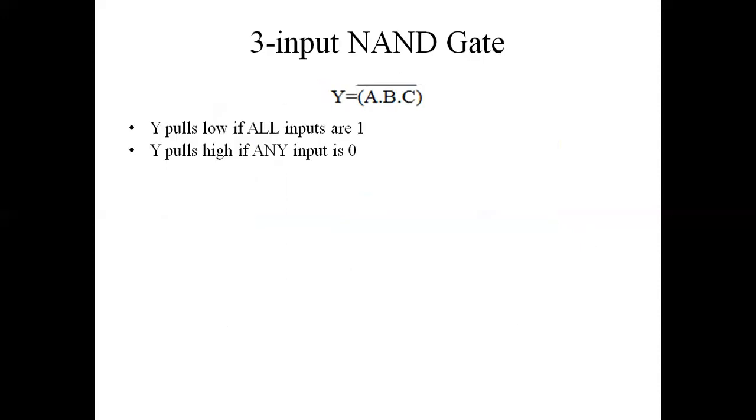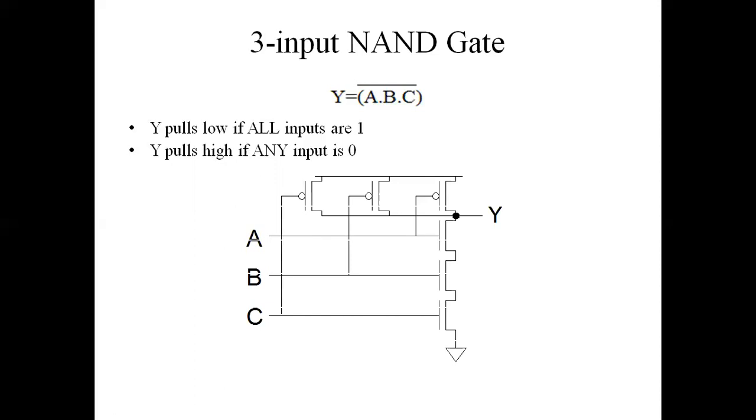So let us consider the multiple input NAND gate. Here the 3 inputs are there, so the logic equation becomes Y equals (A dot B dot C) bar. So Y pulls low if all inputs are 1, and Y pulls high if any of input is equals to 0. So here is the implementation. Now how to implement the NAND gate using CMOS?